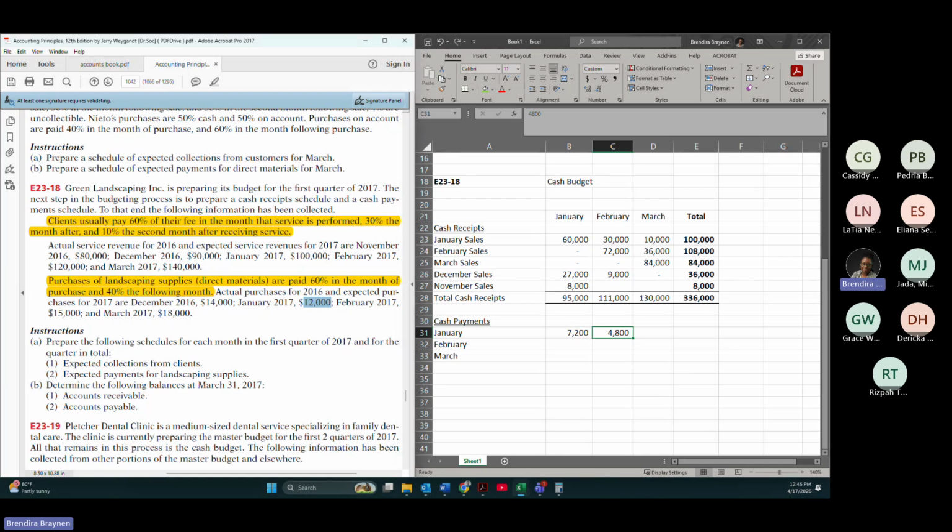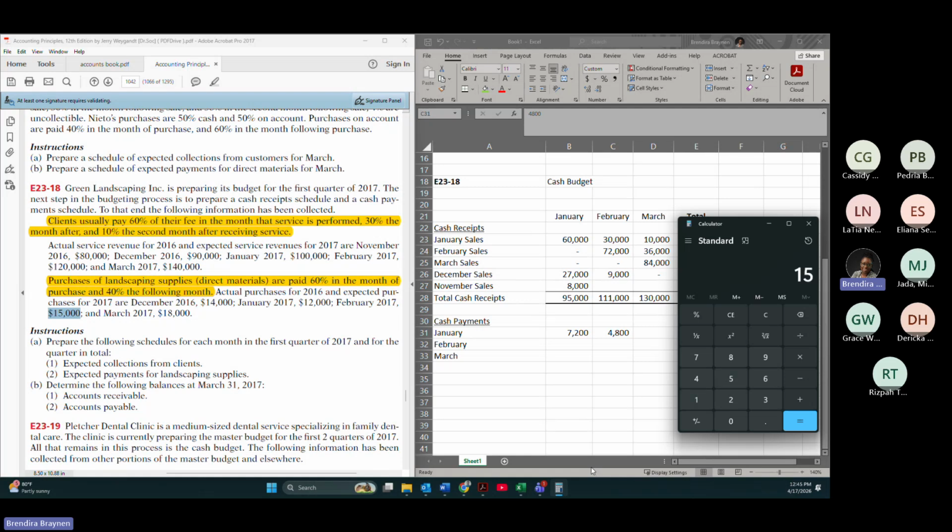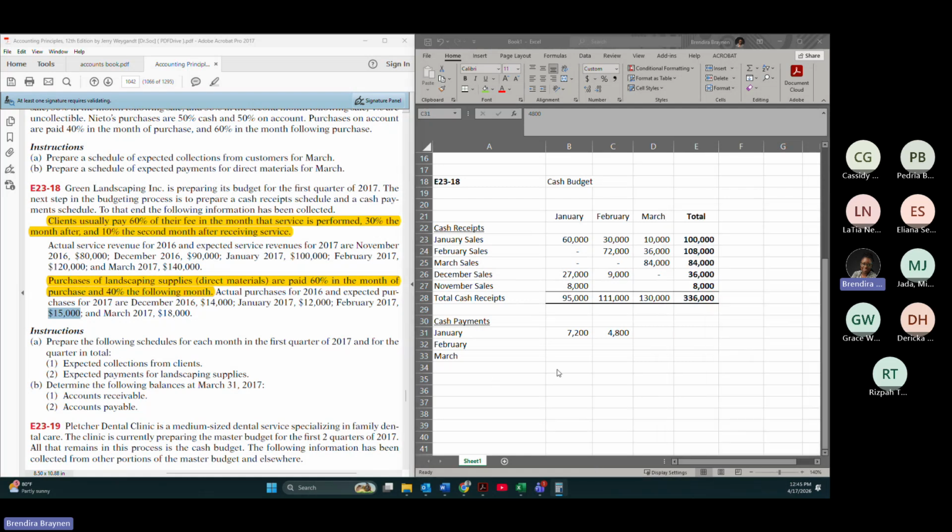In February, 15,000. 60% of 15,000, so 15 times 0.6 is 9. So nothing is going to be paid for in advance. So 9,000 of February is going to be paid in February, and then 6,000, the difference between 15 and 9, is what's going to be paid in March.